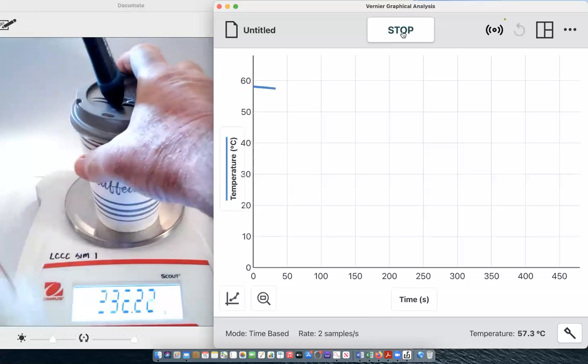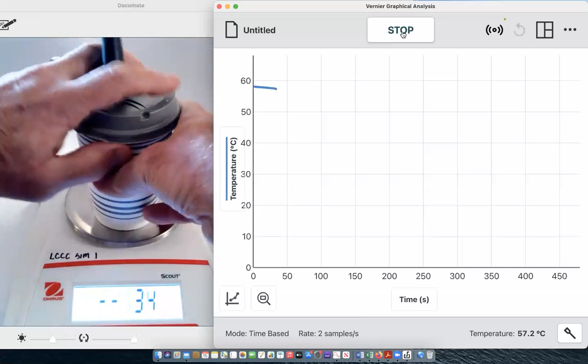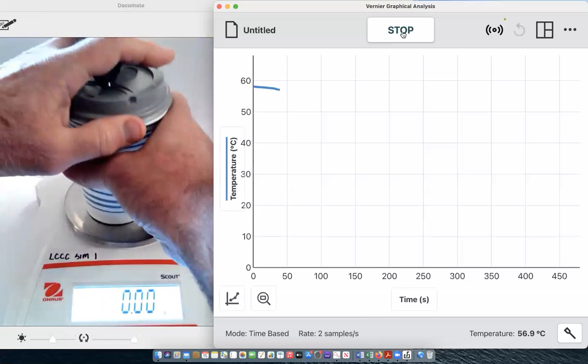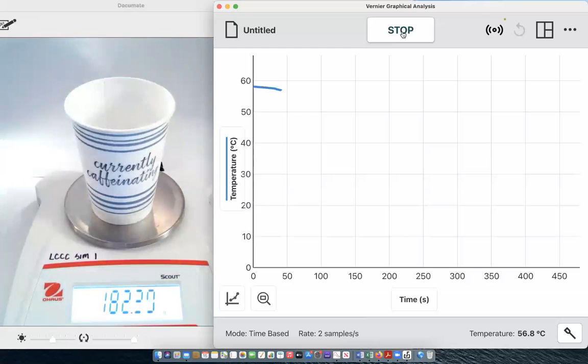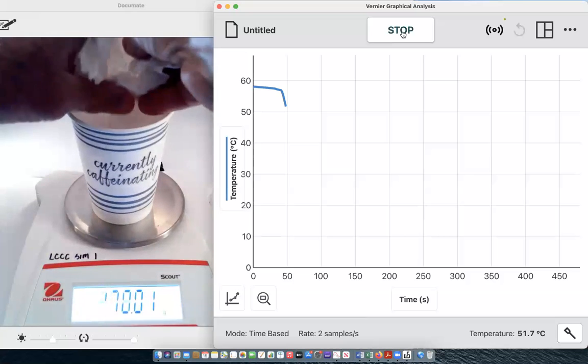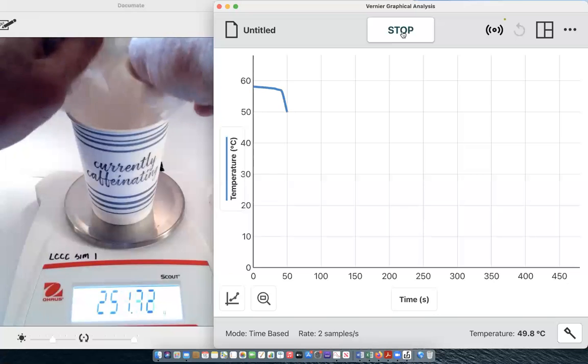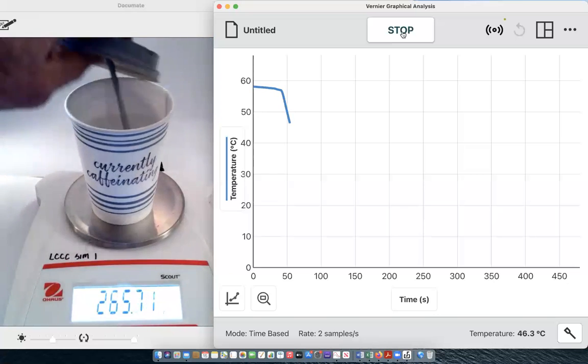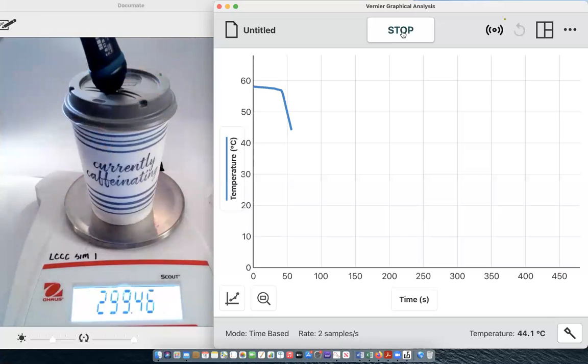Let me set this down for a moment so I can get this open easier. So I'll dump my ice down inside there. Put my temperature probe back in as quickly as I can.